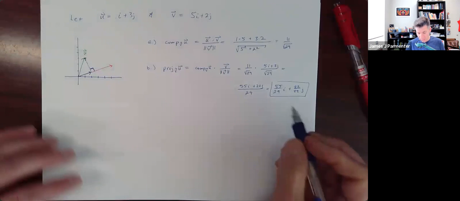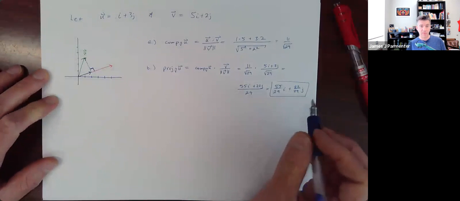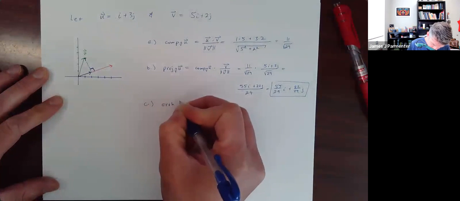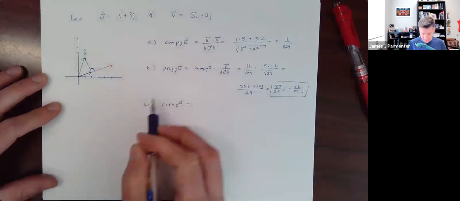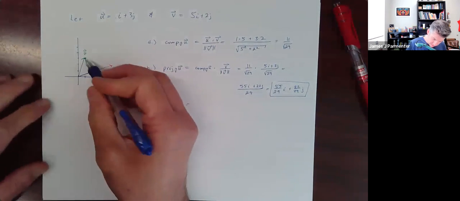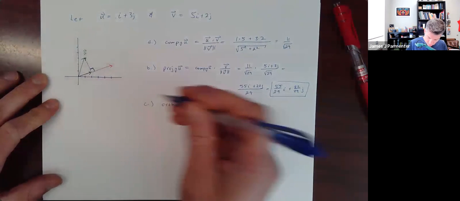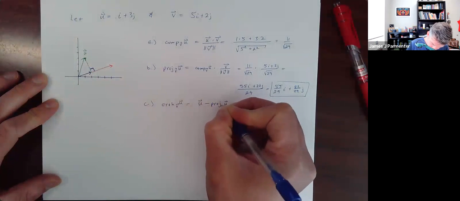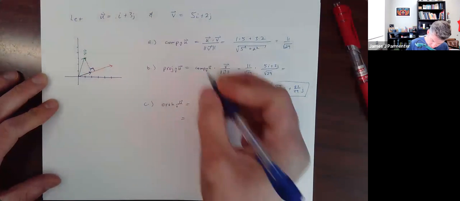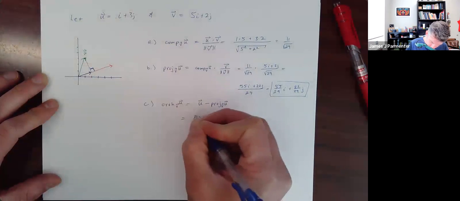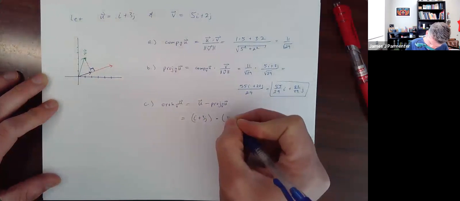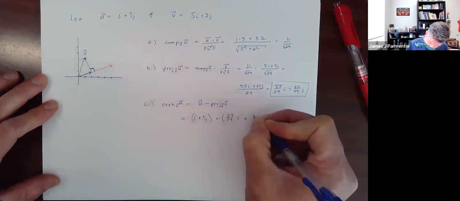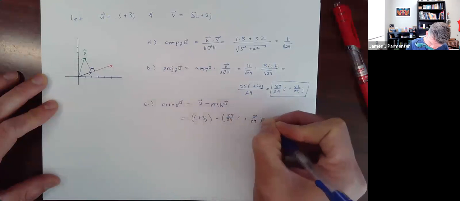And then finally, one reason for writing this is because it makes it easier to find the orthogonal complement as well. So the orthogonal complement of U onto V is just, well, again, I'm thinking of the projection plus the orthogonal complement equal to U. So U minus the projection is what we're looking for, which is just going to equal, so U is I plus 3j minus the projection, which is 55 over 29 I plus 22 over 29 j.